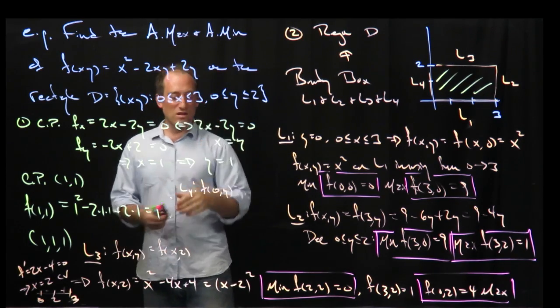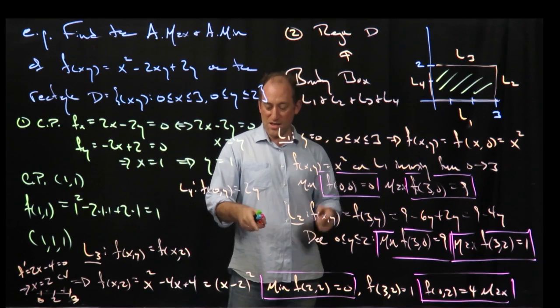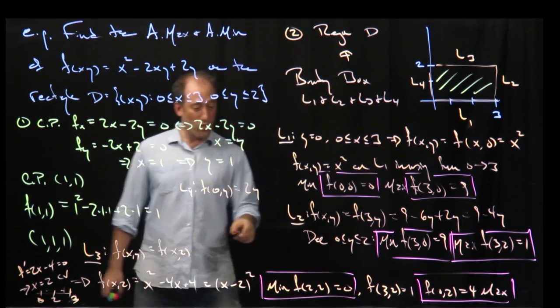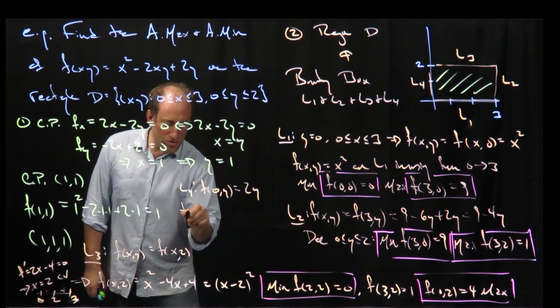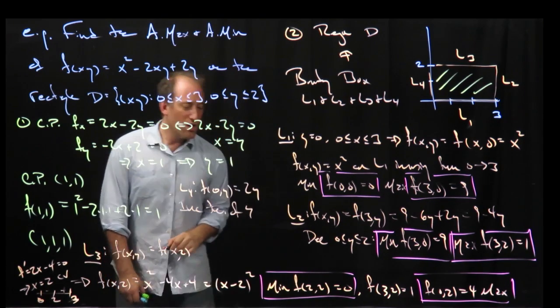So I lose all the terms but the 2y. This again is an increasing function of y.